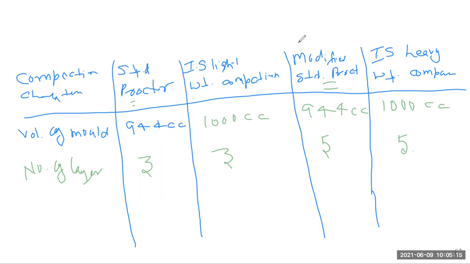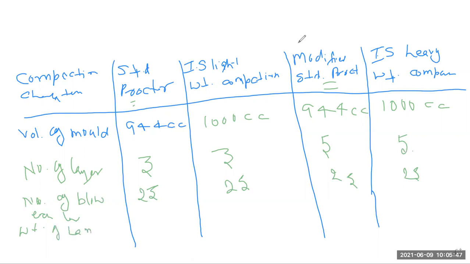Next is the number of blows on each layer by the hammer. For a standard Proctor, 25 blows. Here also 25 blows, here also 25, here also 25. Now the weight of hammer.